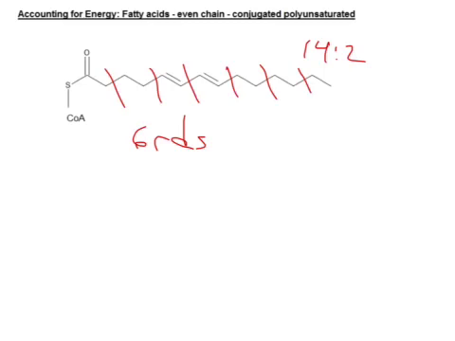If they're conjugated, we actually lose an FADH2 and an NADPH. So that's minus 5. Okay. The reason for that is that we have to essentially reduce one of these double bonds to single bonds using an NADPH, which loses us 3 ATP.